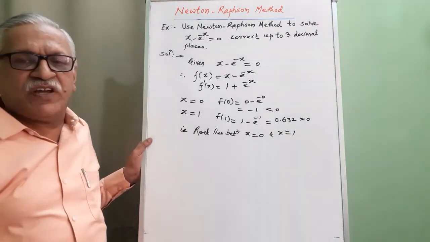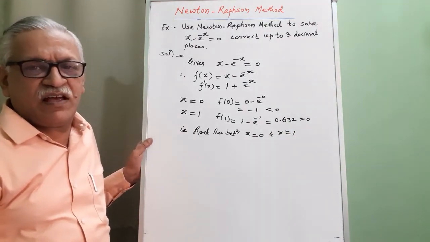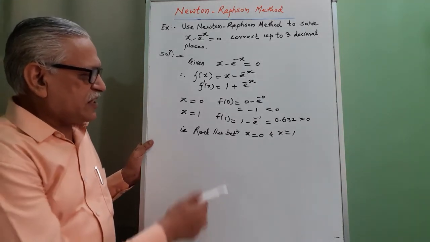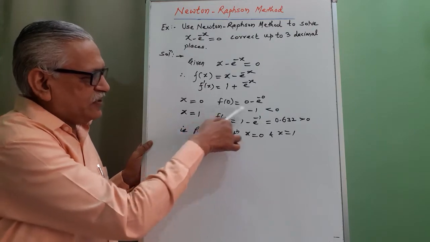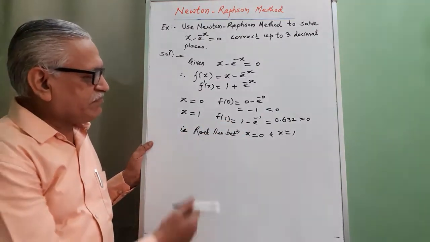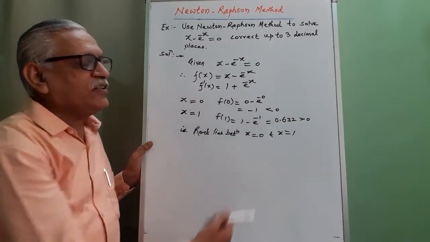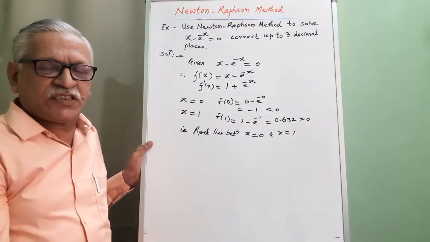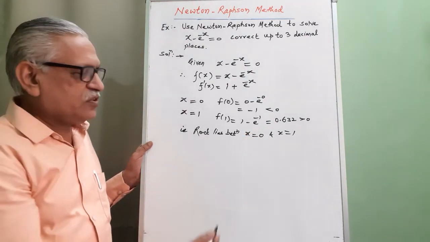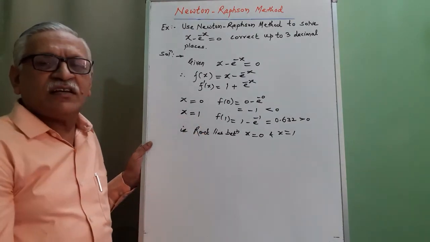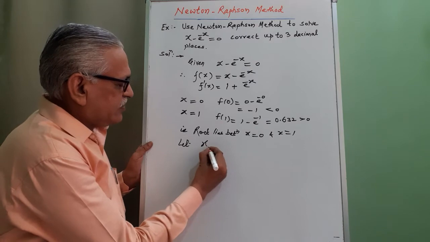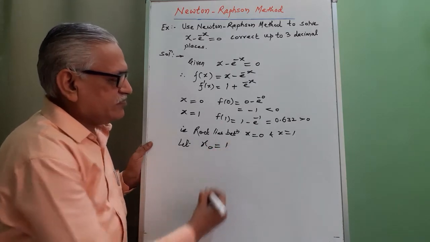Out of these two, we have to consider one of them as the initial guess value x0. Remember the technique: here the function value is minus 1, its distance from the origin is 1, and the second value is 0.632, its distance from the origin is 0.632. Therefore, the one nearest to 0 we consider as x0, and so we consider x0 as 1.